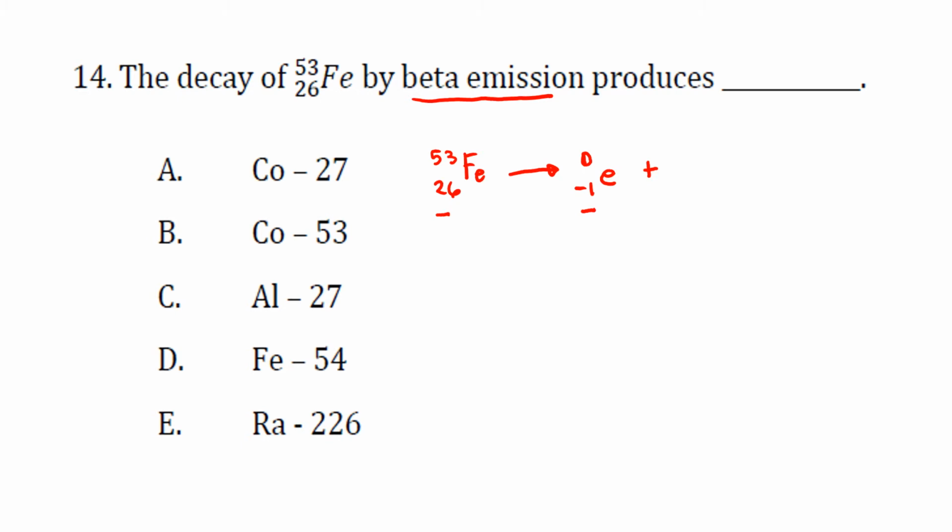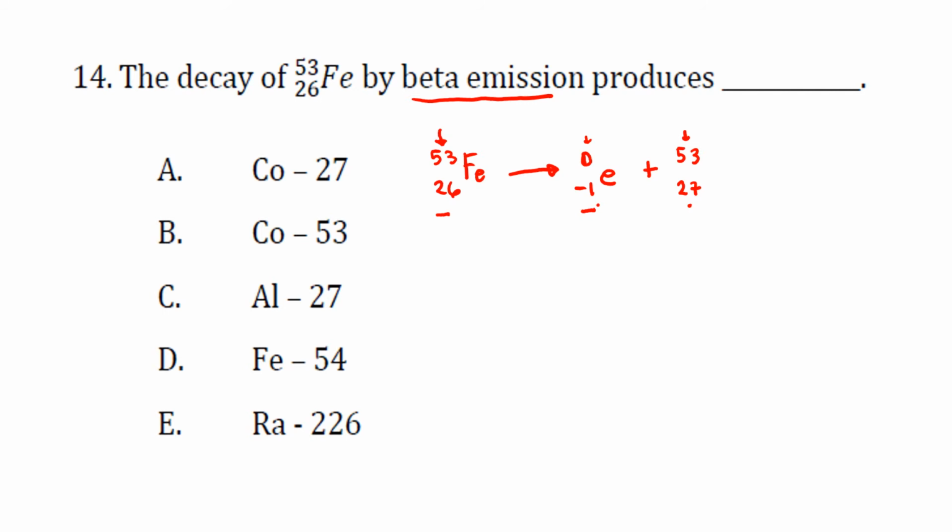Therefore the atomic number of this element should be 27, so that 27 plus -1 gives us 26, and the mass number here should be 53, because 0 plus 53 gives us the mass number on the reactant side, which is also 53.